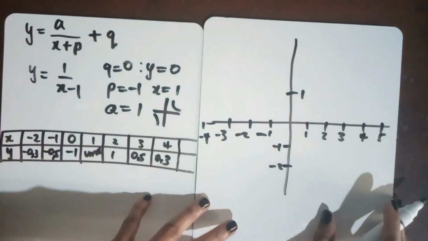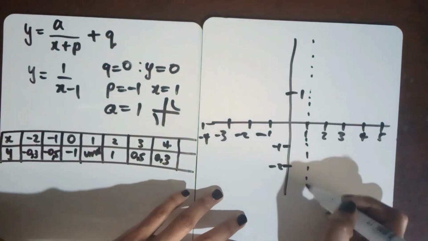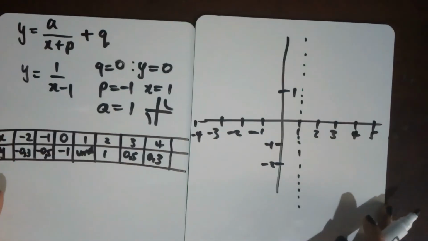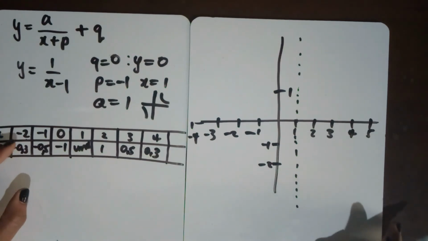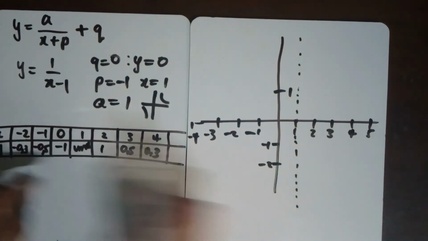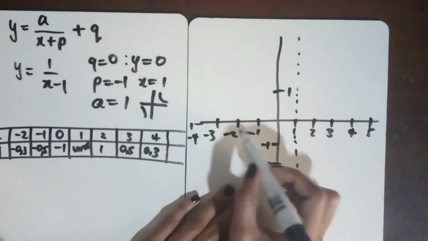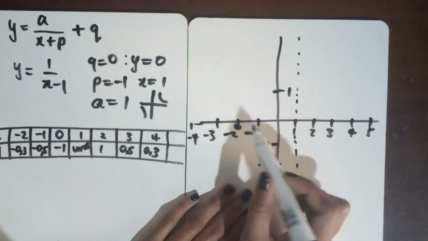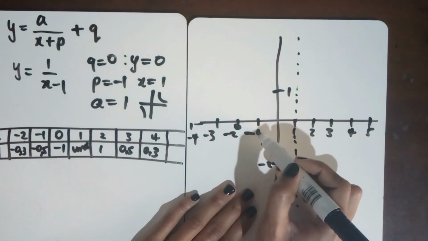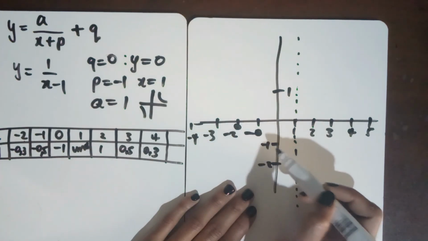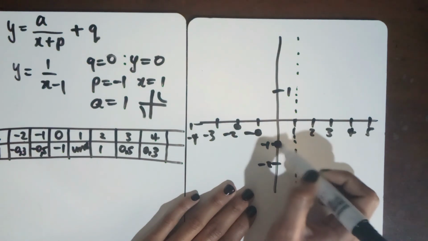So x equals +1 is going to be there. You're going to draw that vertical asymptote there, and then you try to plot. So let us try to plot it. We have -2, so if our x is -2, our y is -0.3. So maybe it's somewhere there. If x is -1, our y is -0.5. So let's say maybe it's somewhere there. If x is 0, our y is equal to -1, right?